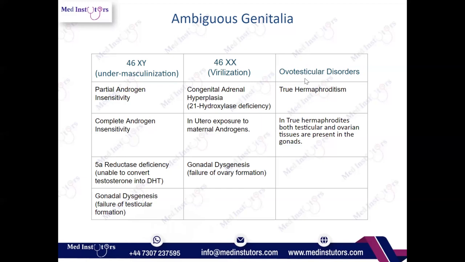Then there is another category of ambiguous genitalia, which is ovotesticular disorders, basically. That may be seen in true hermaphroditism. What happens there is that both testicular and ovarian tissues are present in the gonads. So in true hermaphroditism the baby may have both testicular and ovarian tissue, and it may lead to ambiguous genitalia.